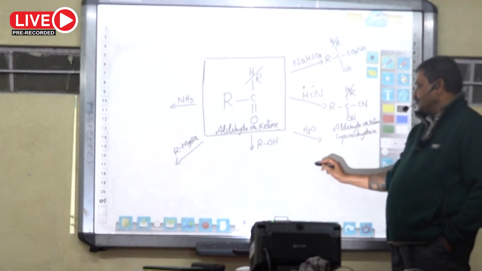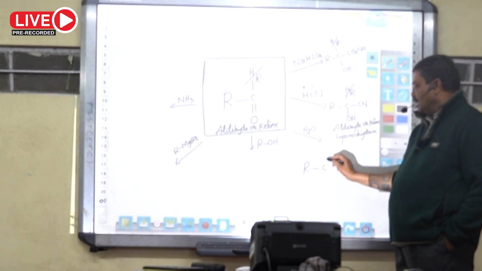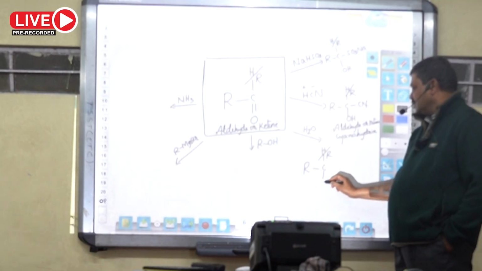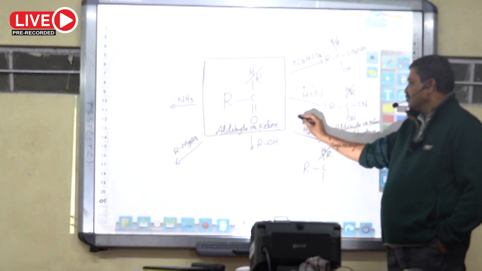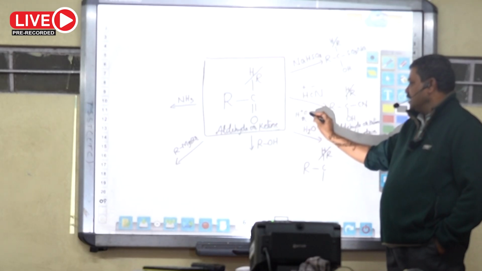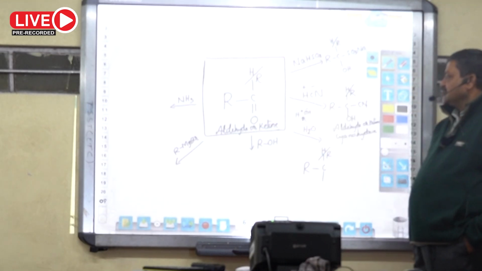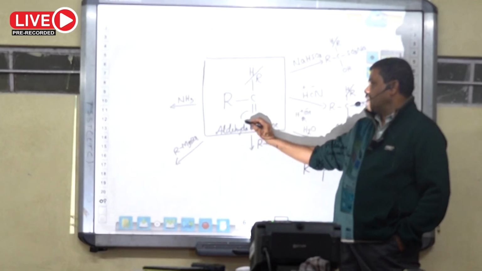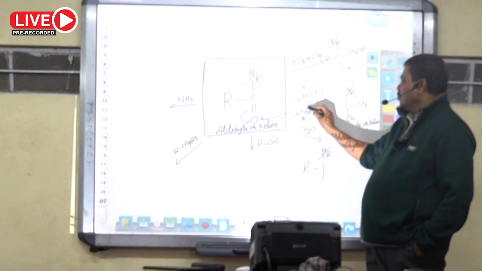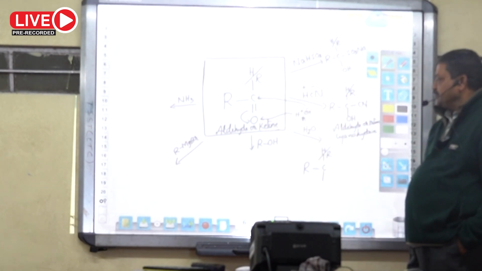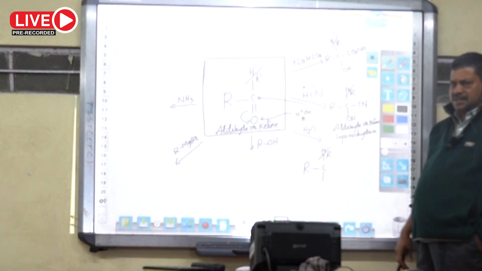With water, RCH or R, water is H plus OH minus. So in all these the pi bond will shift, plus charge will add to the O, minus charge will add to the carbon. Same mechanism in all these.